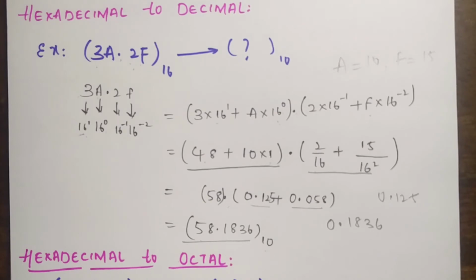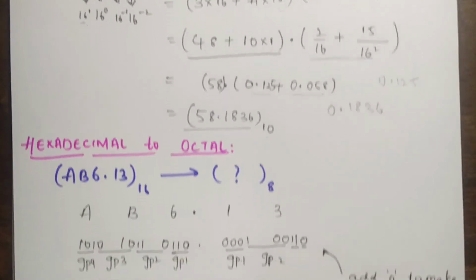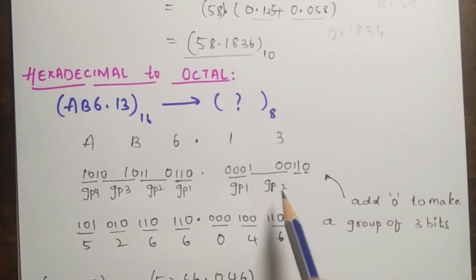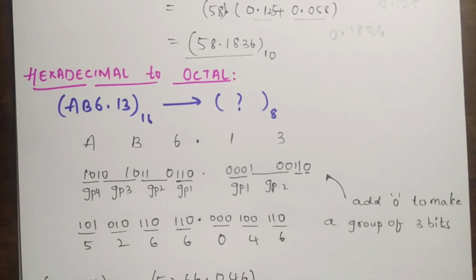In hexadecimal to octal, I took the example AB6.13 and again I converted that hexadecimal value into its binary form. After conversion into binary, just group 3 bits each.